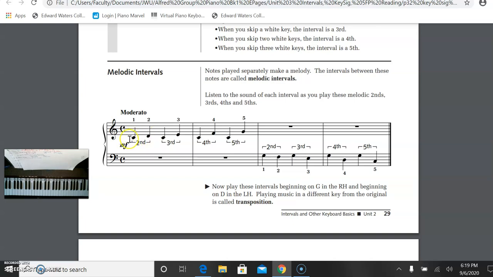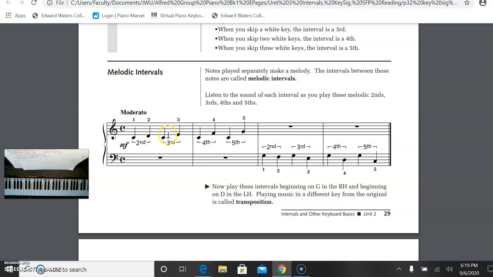So basically all seconds would be some sort of step. But then when you have, say, a third or larger, we would call those skips, because you're skipping a key or you're skipping a line or a space. So anything larger than a second, we could call it a skip.